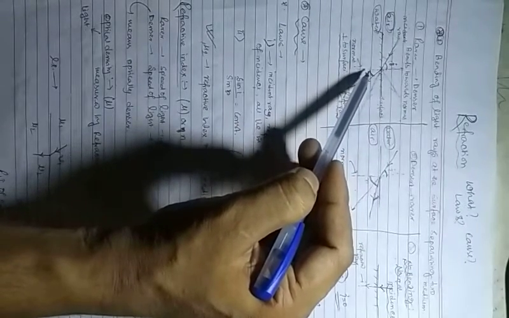The second point, students, I will explain after some time. Just remember the ratio of the sine of the angle of incidence to the sine of the angle of refraction. You can see the ratio sin i by sin r.